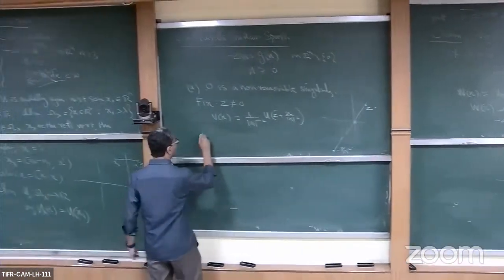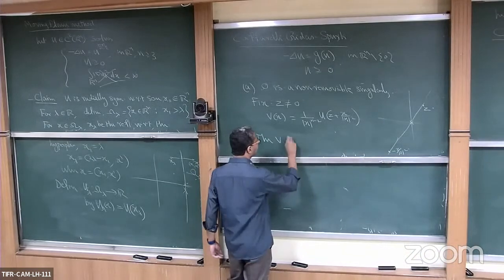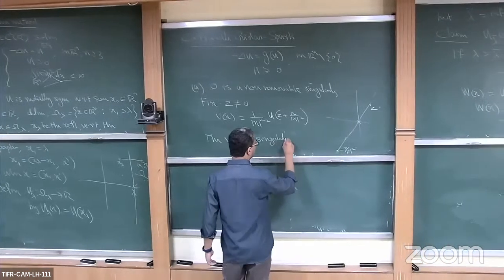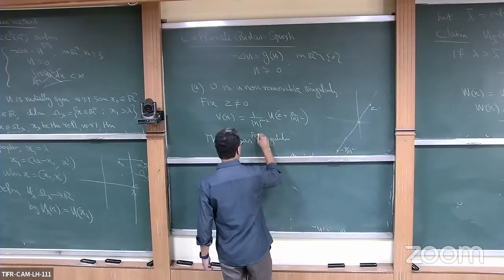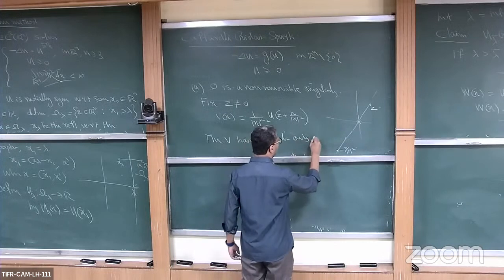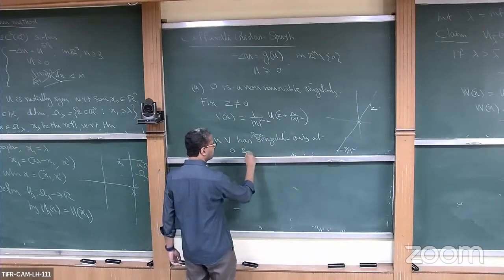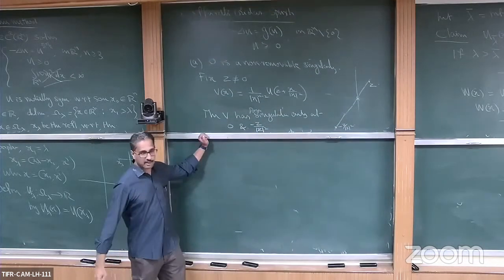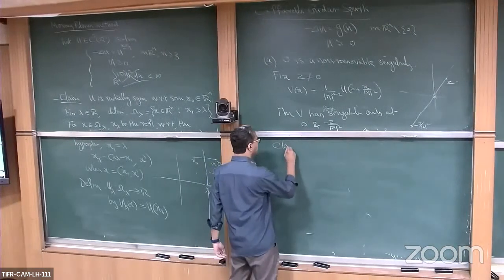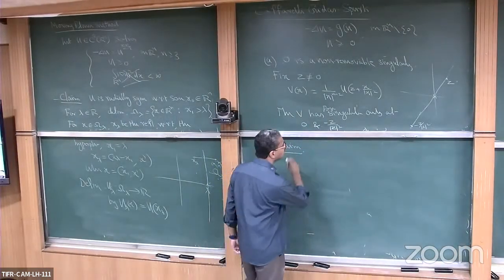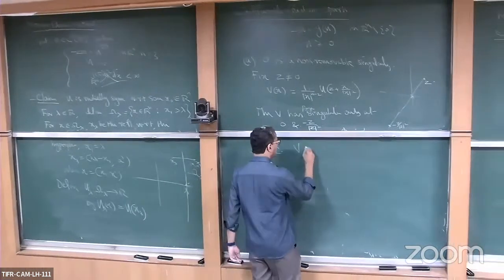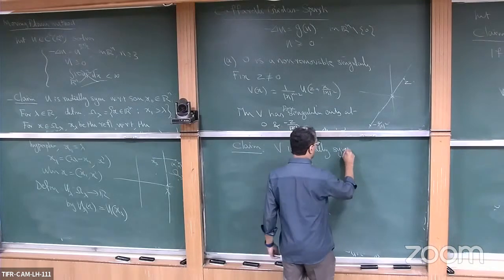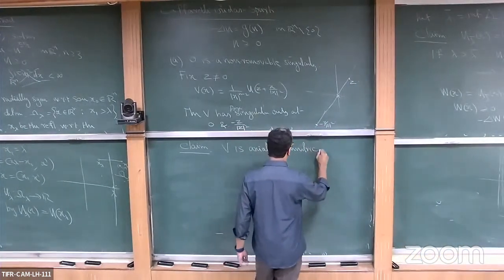So then V has possible singularities only at 0 and minus z. So our claim is V is axially symmetric.